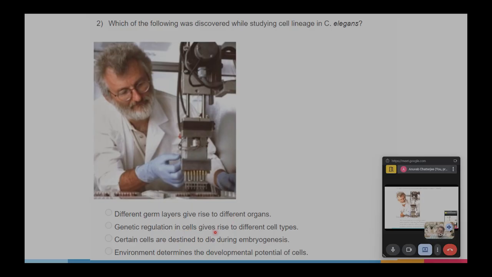Genetic regulation in cells gives rise to different cell types. Certain cells are destined to die during embryogenesis, that is apoptosis, and environment determines the developmental potential of the cells. So these are the four options, and you can choose whichever you think is correct. We'll give you a moment for it.